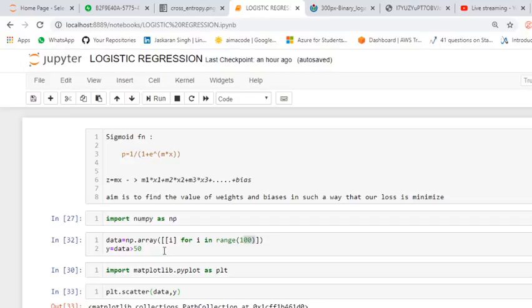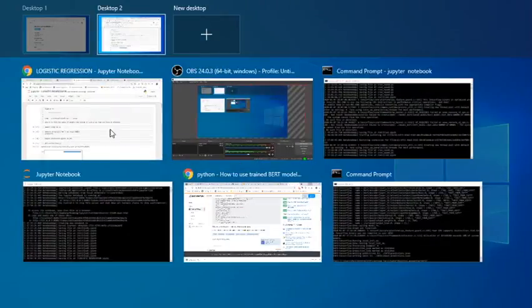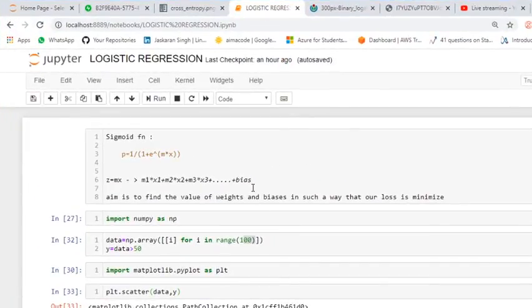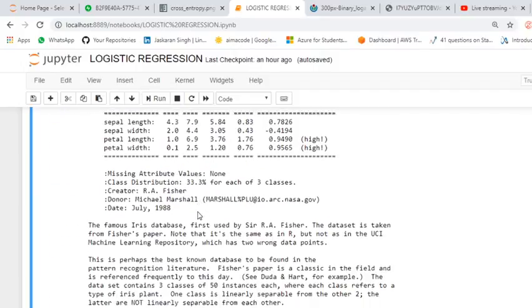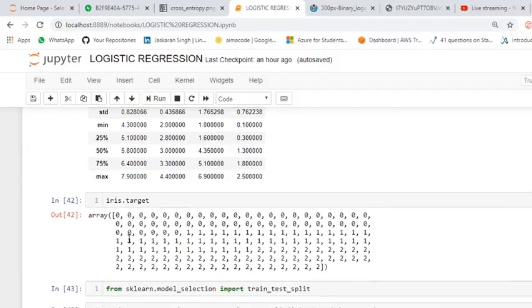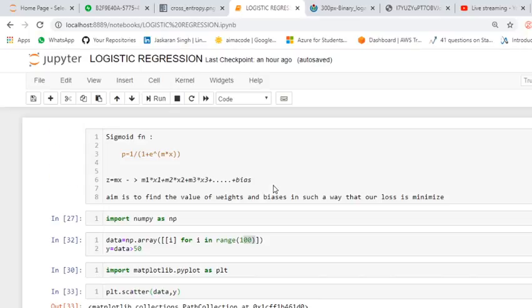So this was the whole logistic regression idea. In simple terms, it is an algorithm used for classification purposes. We have some features x1, x2, x3, and x4. Here we have four features, and we need to find m1, m2, m3, m4, and a bias.